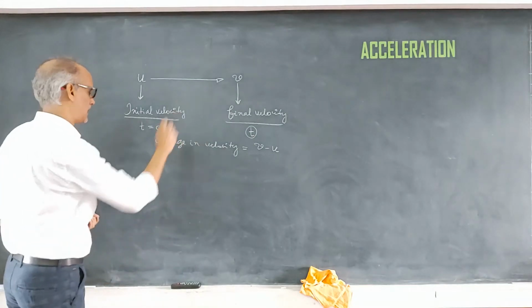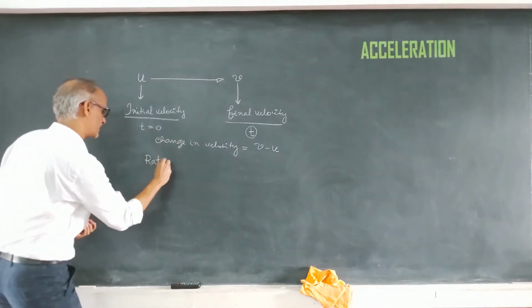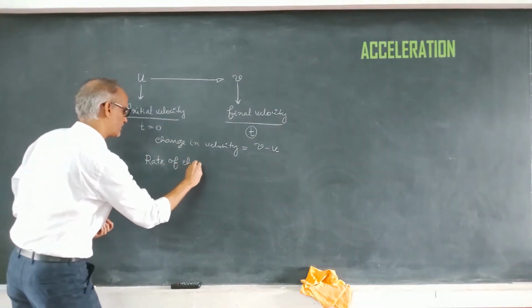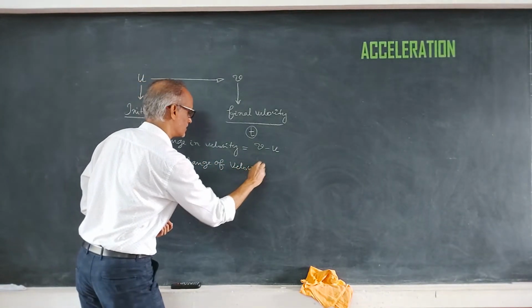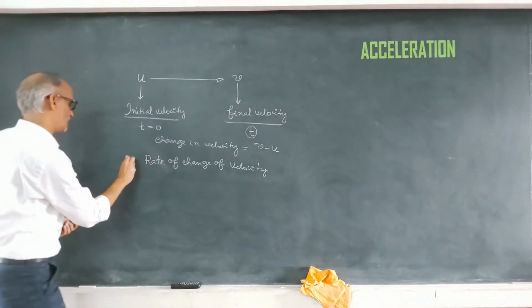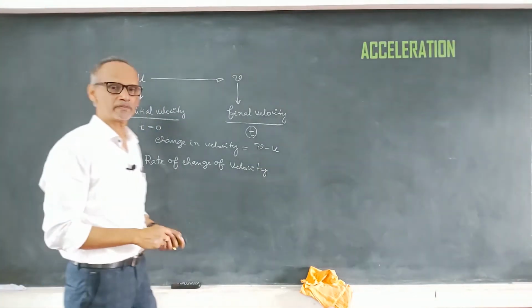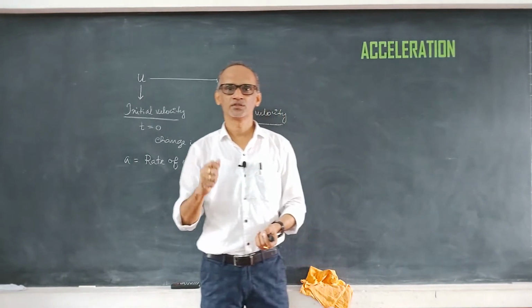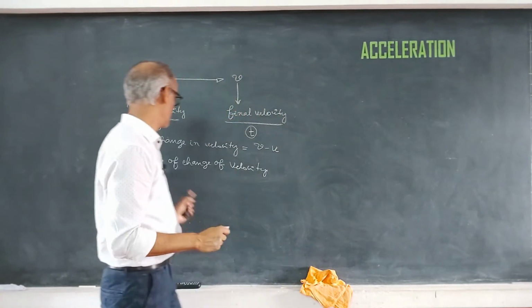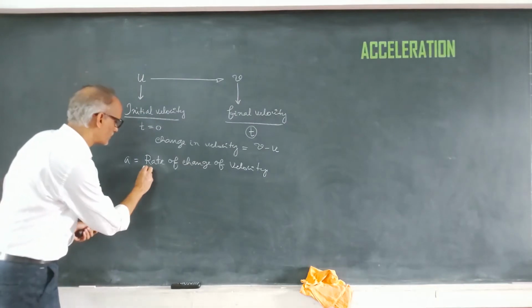Therefore, acceleration is defined as the rate of change of velocity. A is the symbol used for that. So, how do we define acceleration? Acceleration is defined as the rate of change of velocity. What do you mean by a rate?